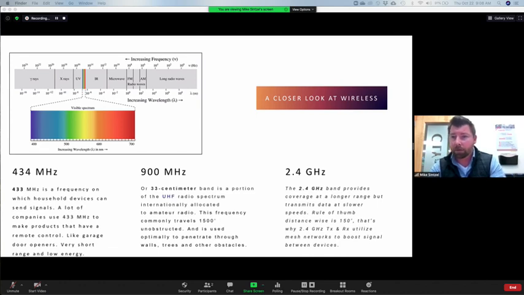That's what we typically see in a 2.4 gigahertz system. Zigbee, for one, is a common wireless protocol in the wireless frequencies. It's 2.4 gigahertz, and it provides good coverage because everything in the Zigbee protocol is a mesh. So every device pings each other.